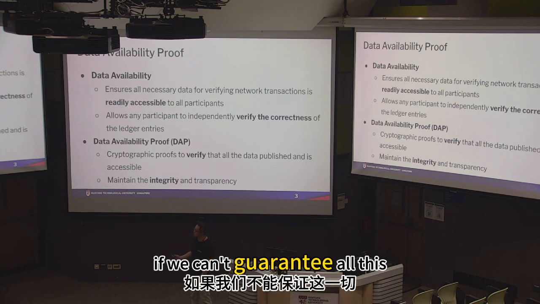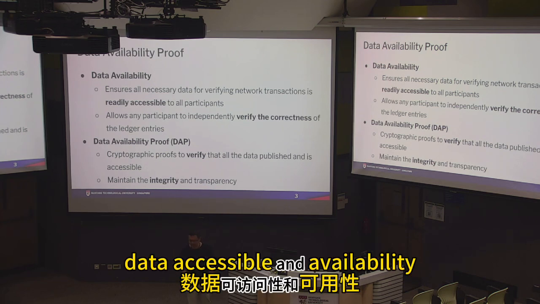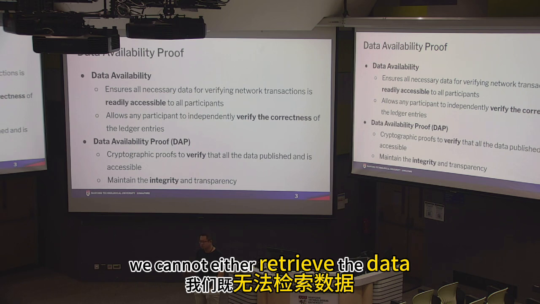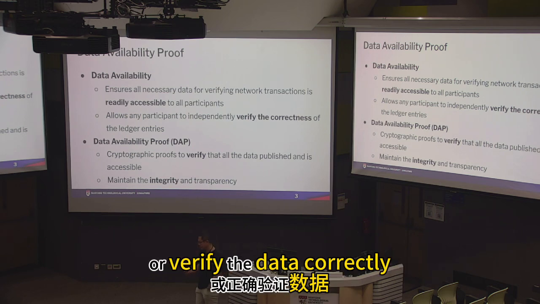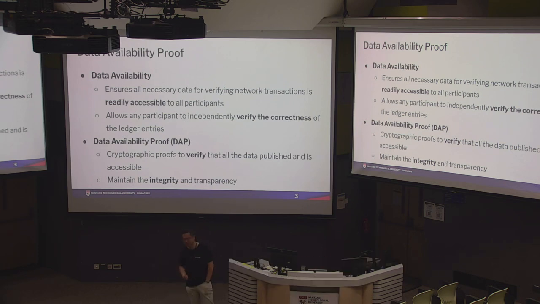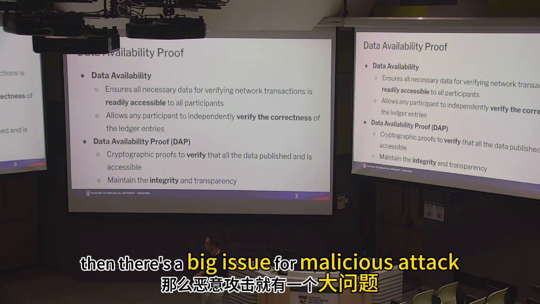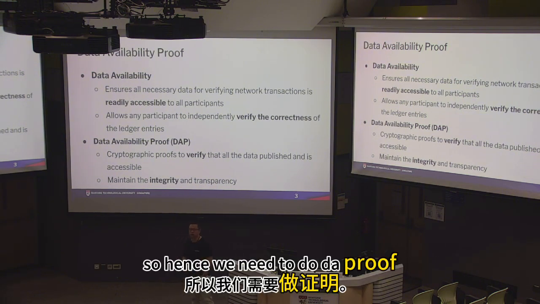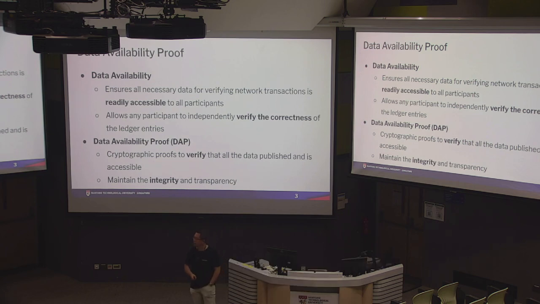If we can't guarantee the data is accessible and available, anytime there's an issue, we cannot either retrieve the data or verify the data correctly. If we can't verify the data correctly, then there's a big issue of malicious attack. Hence, we need DA proof.